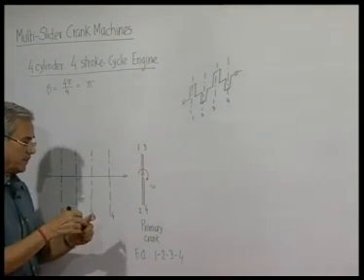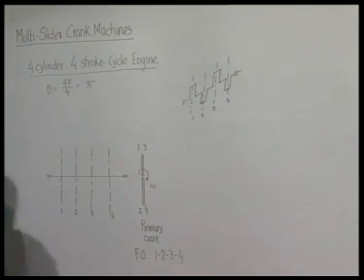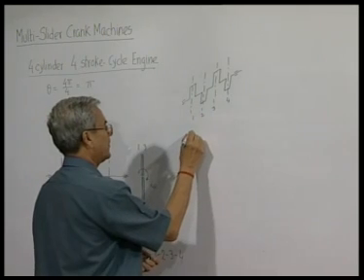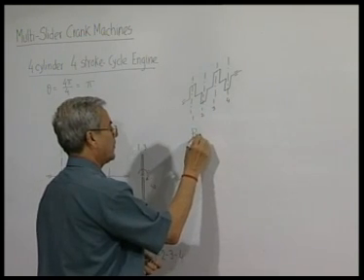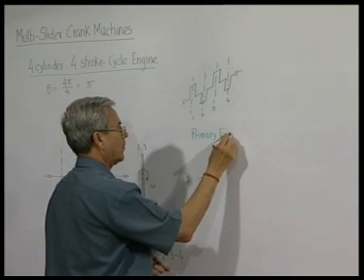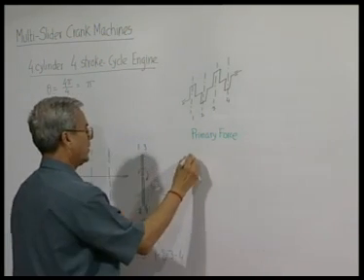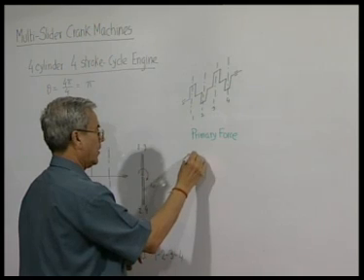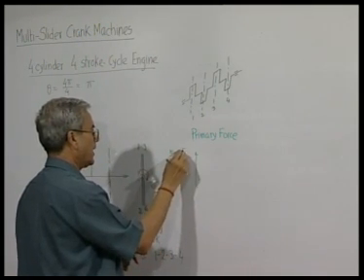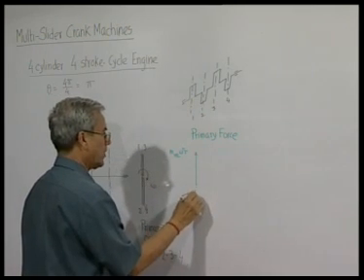So, in this case again we will now quickly take care of the vector diagrams. The primary force diagram. So, it will be 1, and the magnitude is m reciprocating omega square r, this will be number 1.